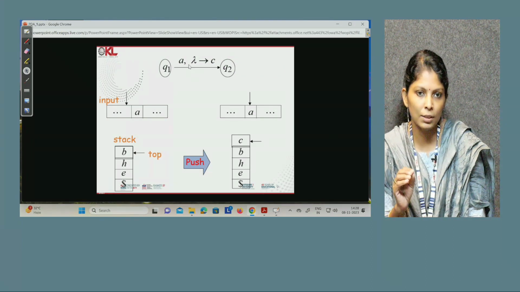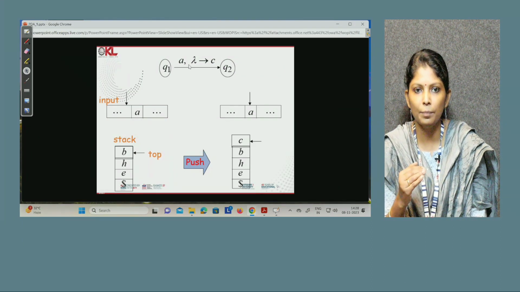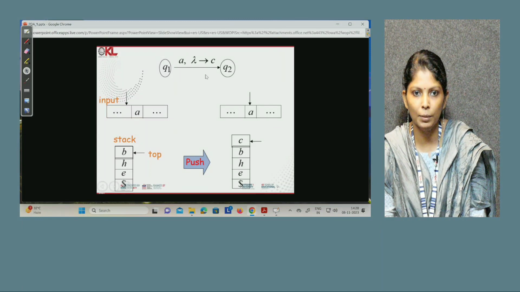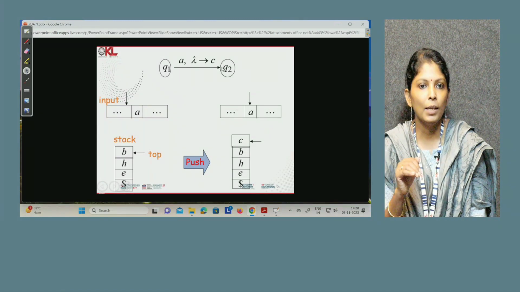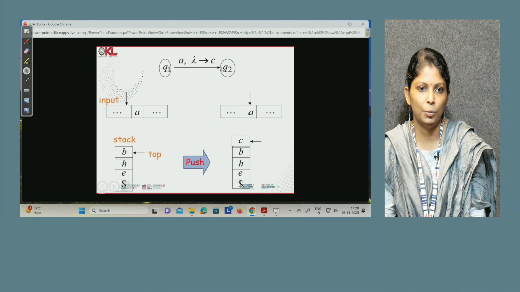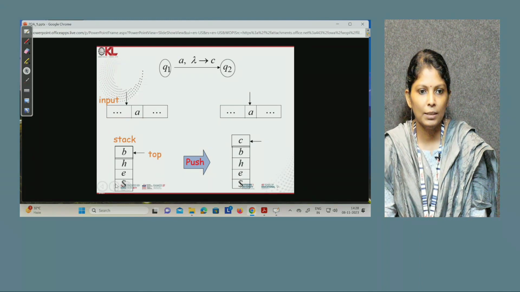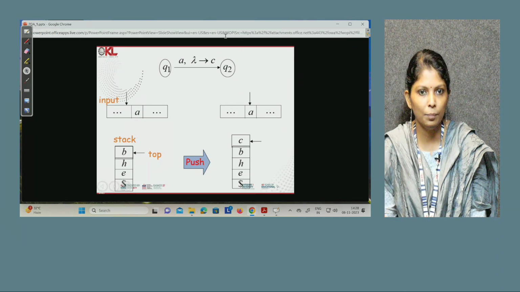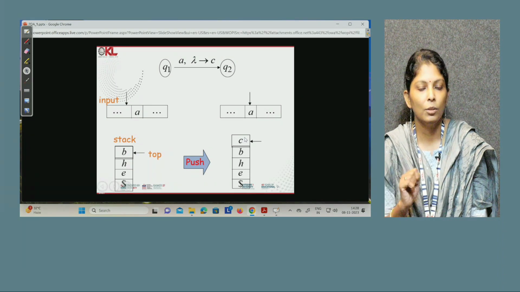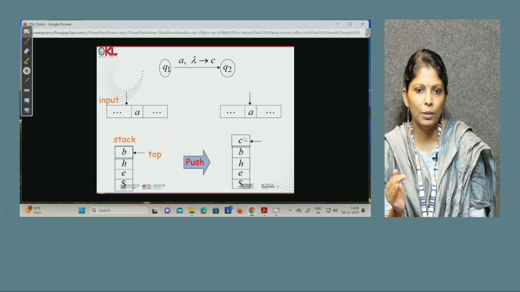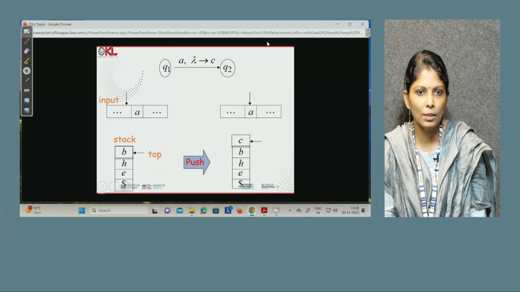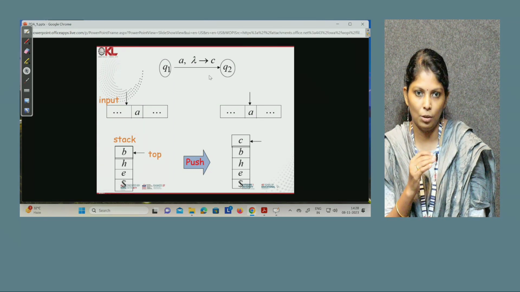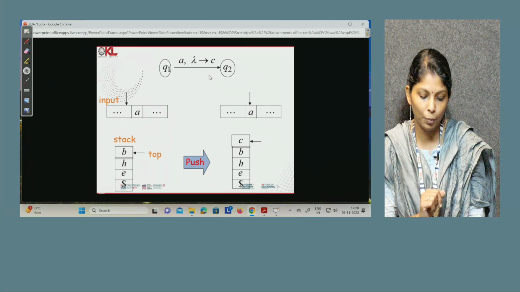Whatever is on the stack top, we are not bothering, we are simply pushing the third element specified here, C, to the stack. That means without popping out B, we are pushing C. So this kind of transition represents only the pushing operation, not any pop operation.